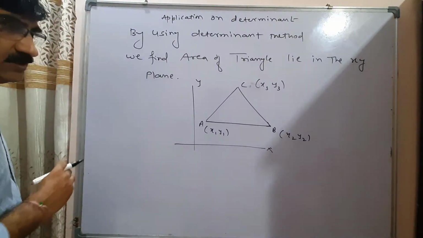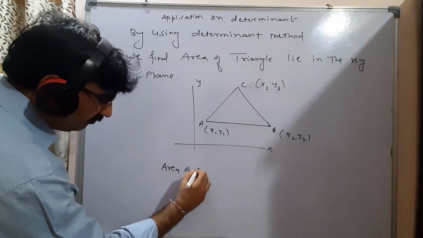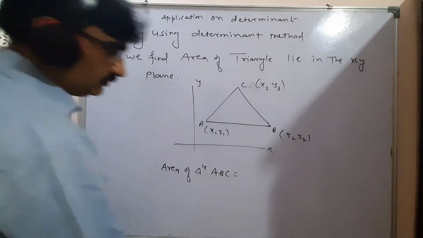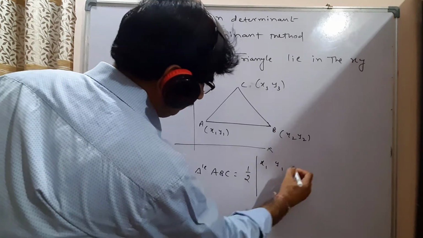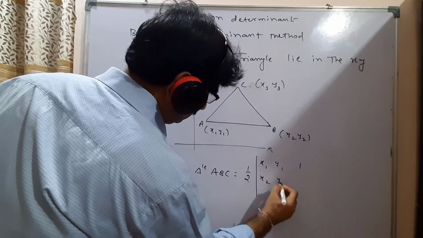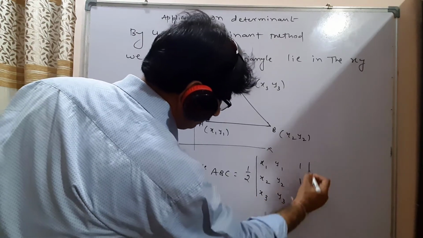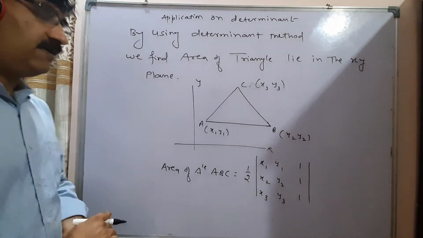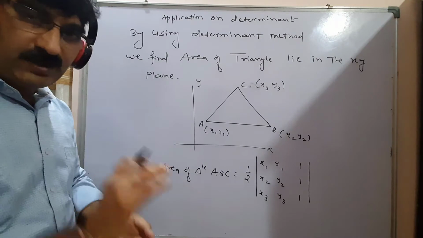By using determinant method. So the formula is area of triangle ABC is equal to half of x1 y1 1, x2 y2 1, x3 y3 1. This is a formula to find out the area which is lying in the xy plane.